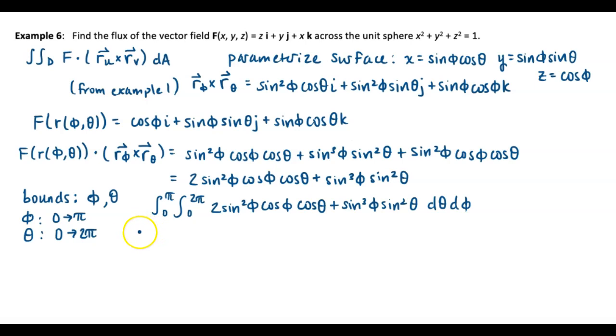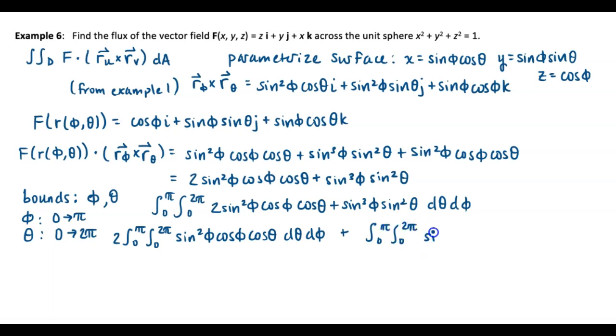And so this is going to be the double integral from 0 to pi and from 0 to 2 pi of 2, and I can pull out this 2, times the sine of phi squared cosine of phi cosine of theta d theta d phi, plus the double integral with the same bounds from 0 to pi and from 0 to 2 pi of the sine of phi cubed sine of theta squared, again same bounds, d theta d phi.